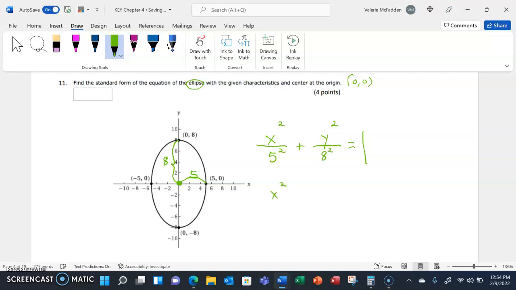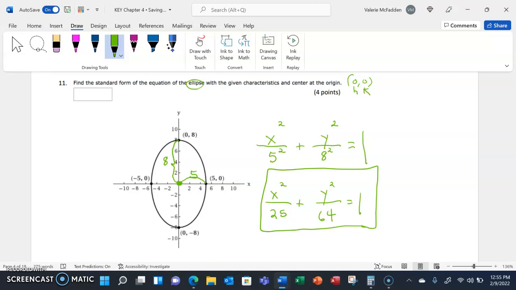So we're going to have x squared over 25 plus y squared over 64 is equal to 1. And that is the standard form with the center at the origin, 0, 0, because our h and k are both 0.